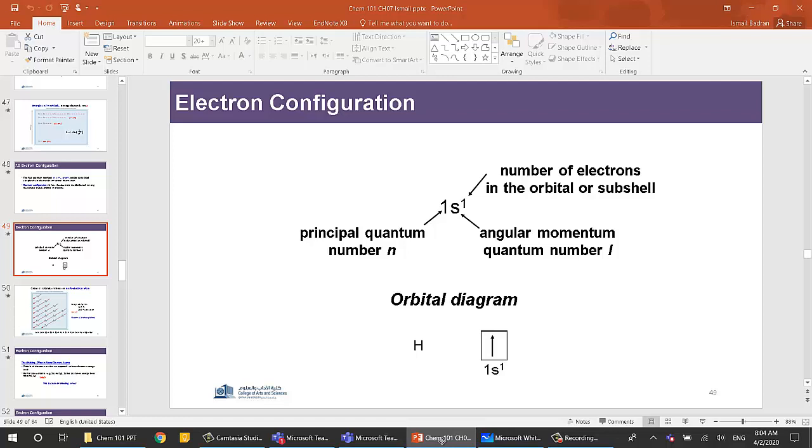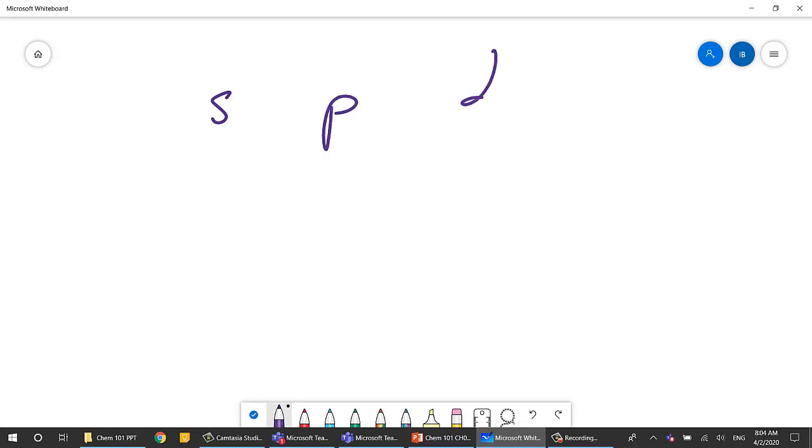And the number of electrons actually depends on the type of the orbital. So we have s, p, d, and f. For s, the quantum number l is 0, here is 1, here is 2, and here is 3, and so on.